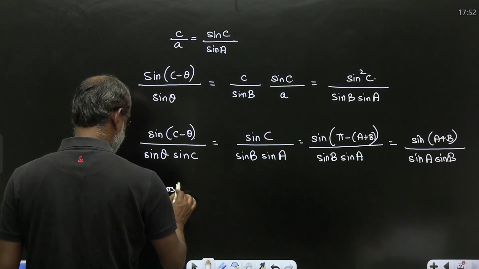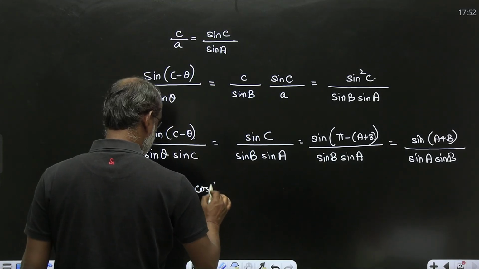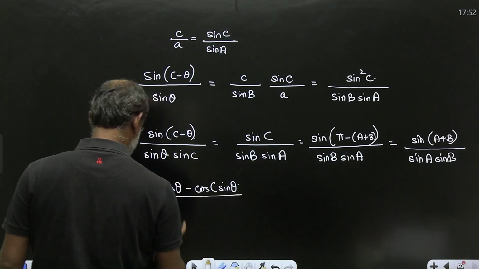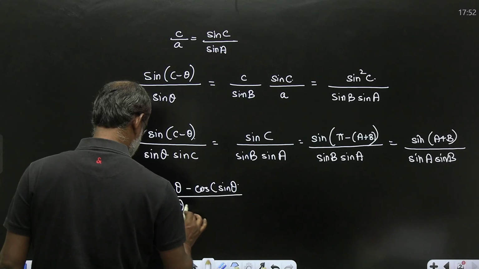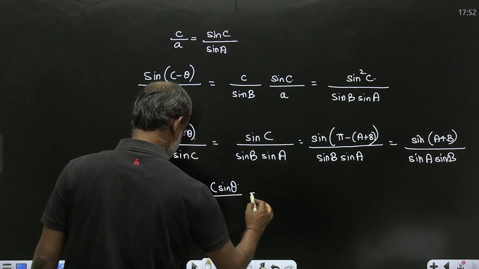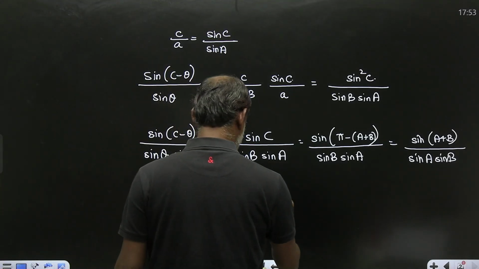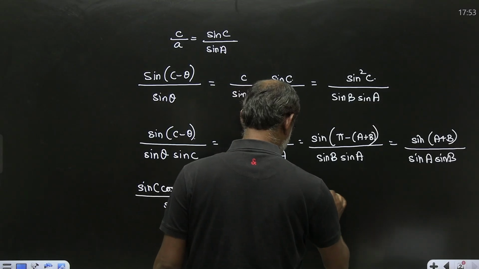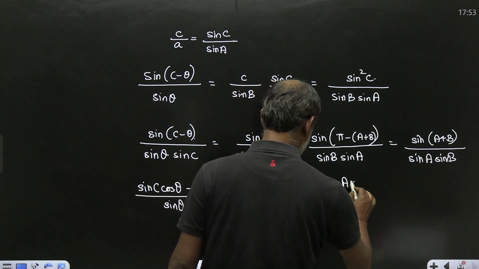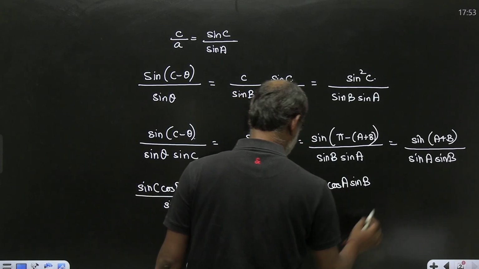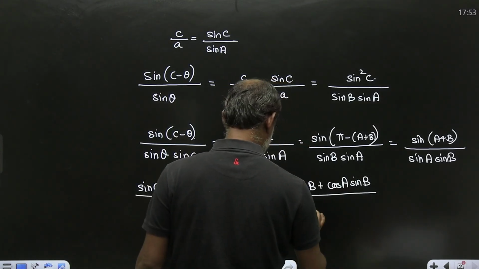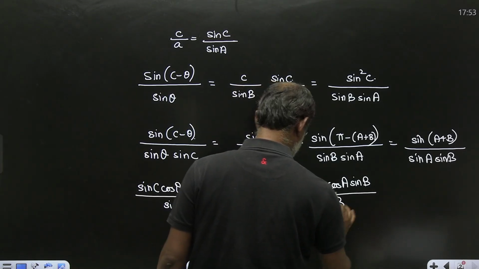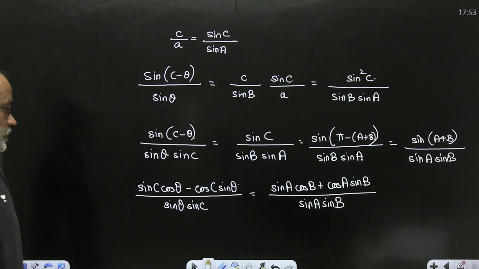The formula for sine A plus B is sine A cos B plus cos A sine B. Okay.